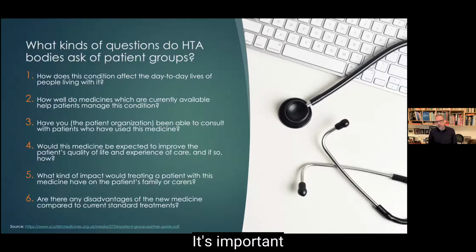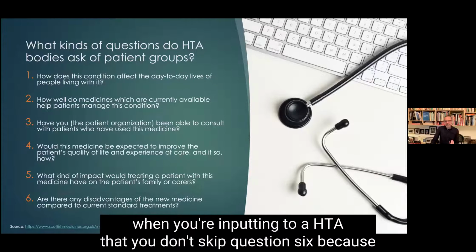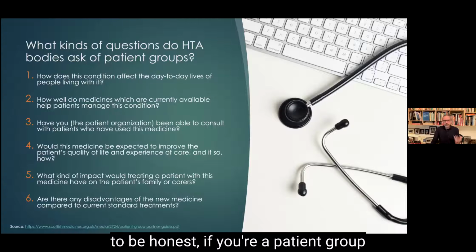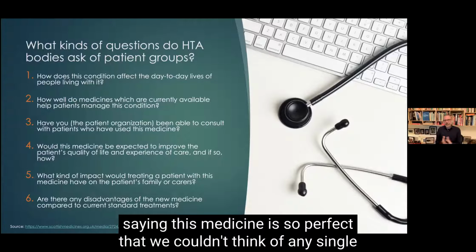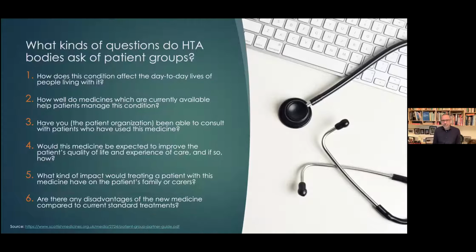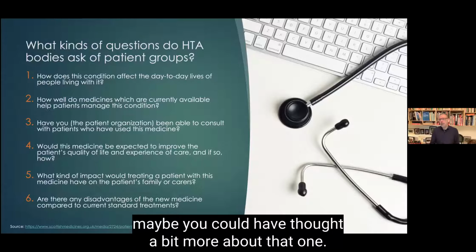When you're inputting to an HTA, it's important that you don't skip question 6, because it looks a bit suspicious, to be honest. If you're a patient group saying this medicine is so perfect that we couldn't think of any single thing to say to answer question 6, it's a bit like, okay, maybe you could have thought a bit more about that one.